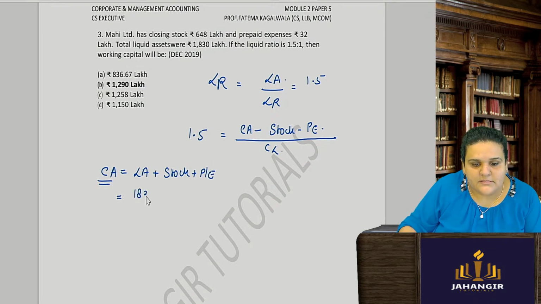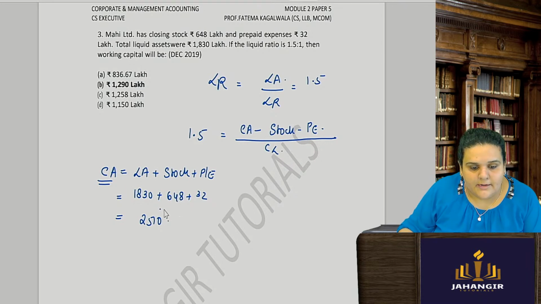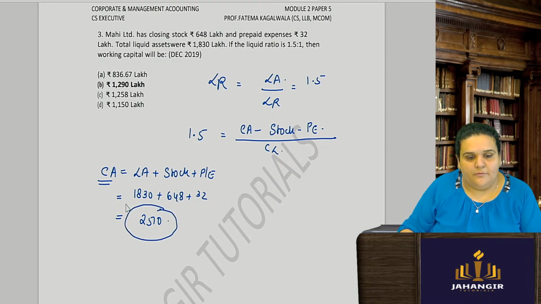So 1830 plus stock, which is 648, plus prepaid expenses, which is 32. So my current assets will be 2510. Okay, 2510 will be my current assets. So for working capital, current assets is what I have already found.